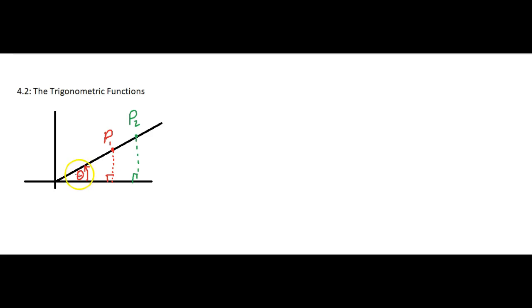They both contain theta, so that must be equal. And they both contain these two angles, which would be equal as well, because the dotted line for P1, the dotted line for P2, those are parallel lines. This could be considered like a transversal going across, forming two equal angles. So we have three equal angles and therefore three corresponding sides. So the ratios of corresponding sides will be equal.